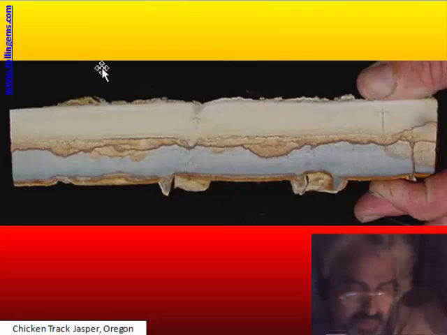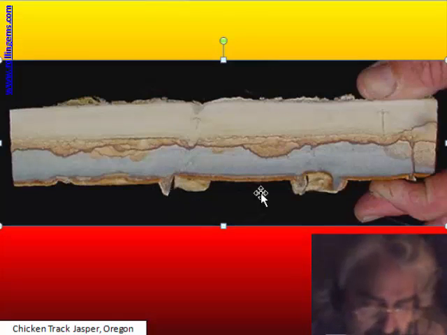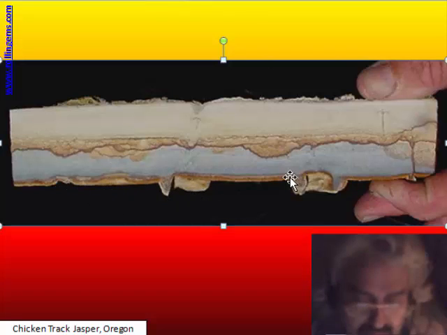This is chicken track. Chicken track is its name because this structure at the base of the beds that are the filling of the crack in the underlying bed that have a mud crack desiccation.